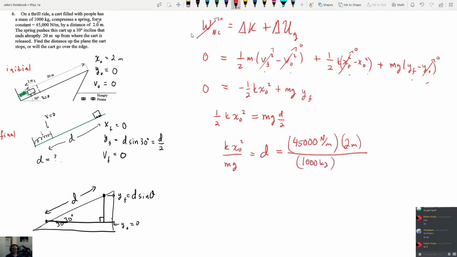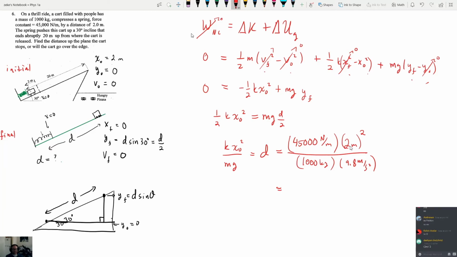I'm just pulling all this stuff out of the problem itself here. And gravity is obviously 9.8. Squared. Thank you, Chris. Appreciate that. This is squared. So can anyone calculate this? So 45 times 4 is 180.